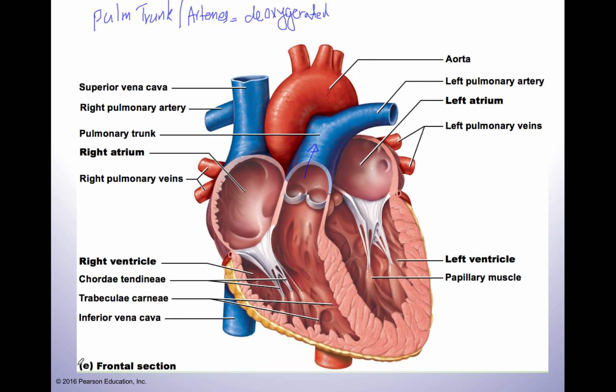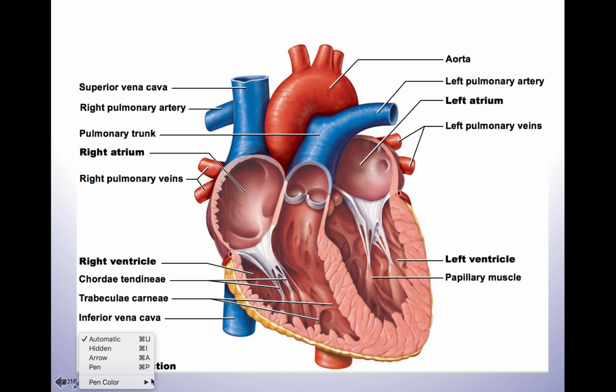On the other hand, what I have on here, I should really select this. Here I have blood coming back to the heart using my 4 pulmonary veins.